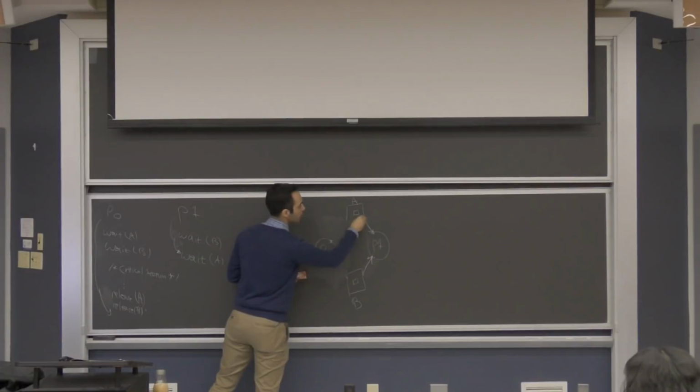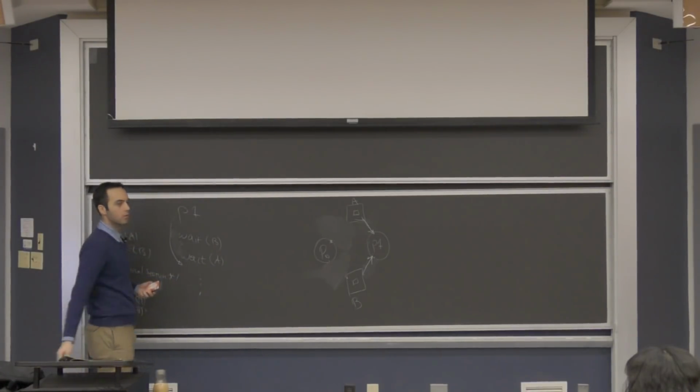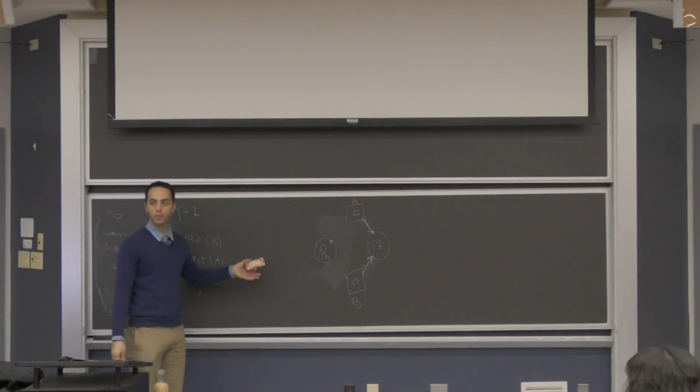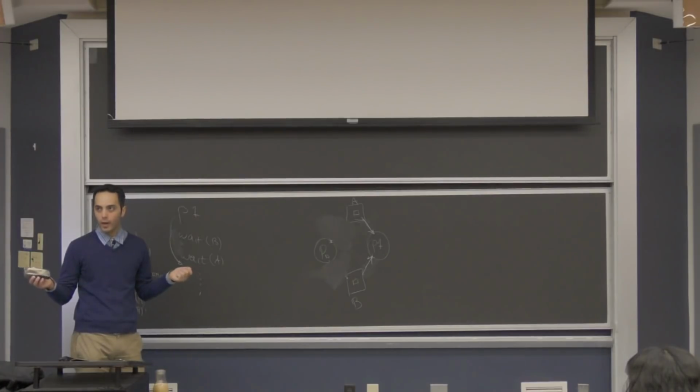Sorry for my mistakes. Then A gets allocated to P1. P1 executes the next line. It can now continue running and then release them at some point. So this is the resource allocation graph for the state.